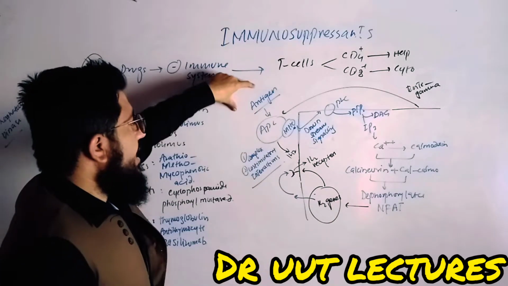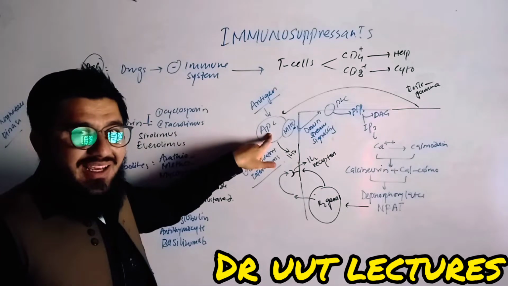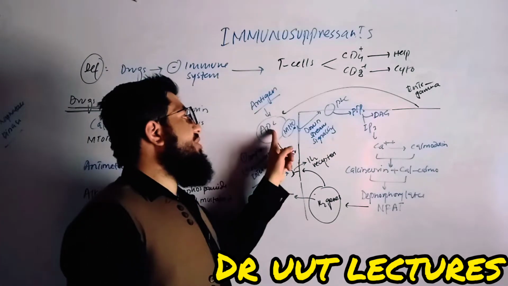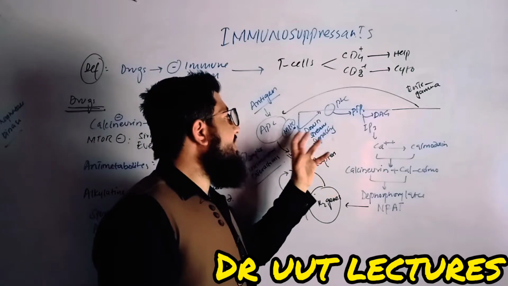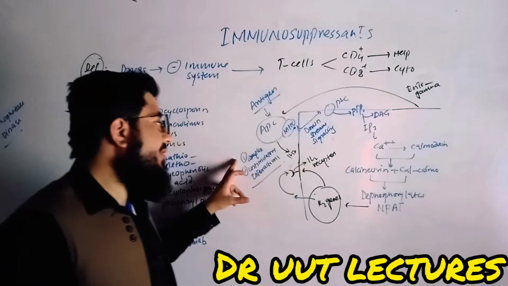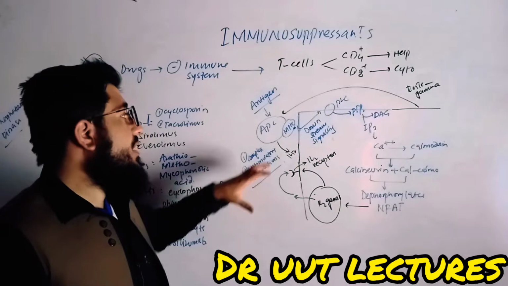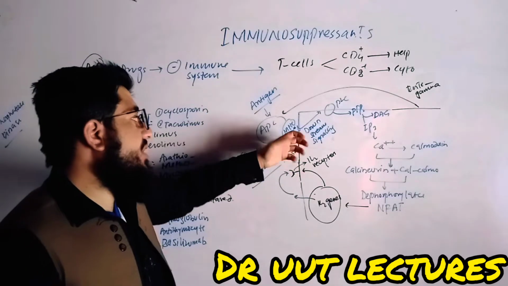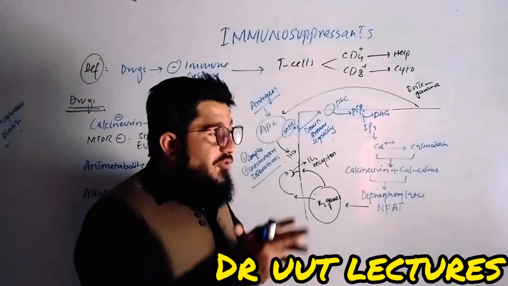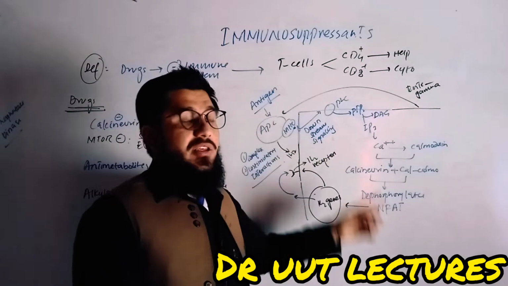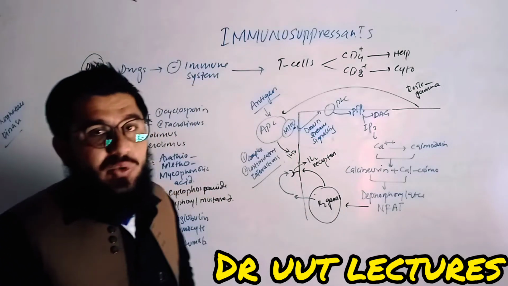Very simple. The antigen comes to the antigen presenting cell, which presents it to the T cells. When these T cells interact by means of complex formation and co-stimulatory mechanisms, they give way to downstream signaling. In short, downstream signaling will take place.